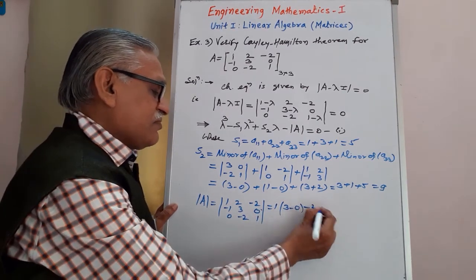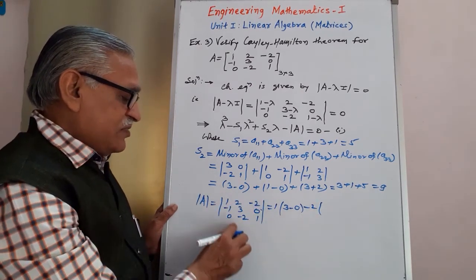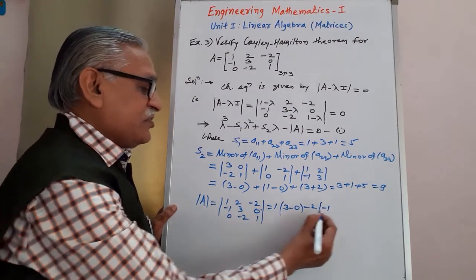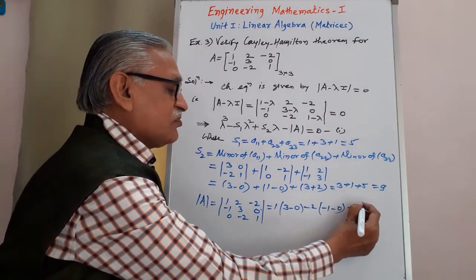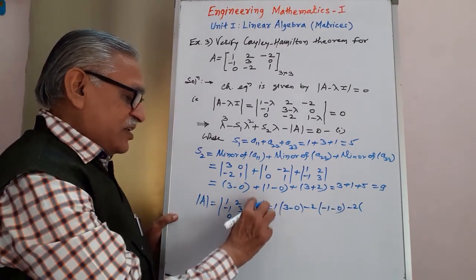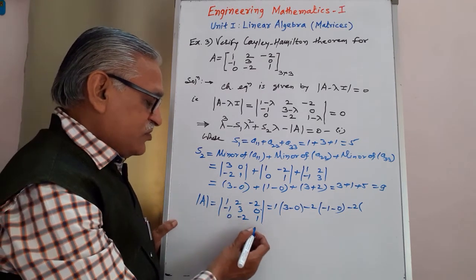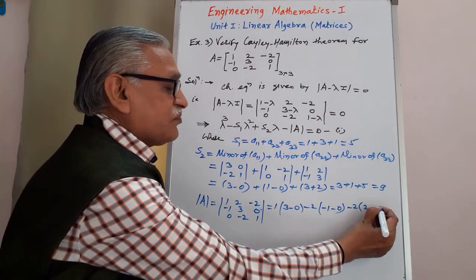Then second with minus sign, neglecting this row and this column, minus 1 into 1, we get minus 1 and minus 0, minus 2, neglecting the first row and the last column, determinant of this remaining, 1 2s are 2, minus 0.